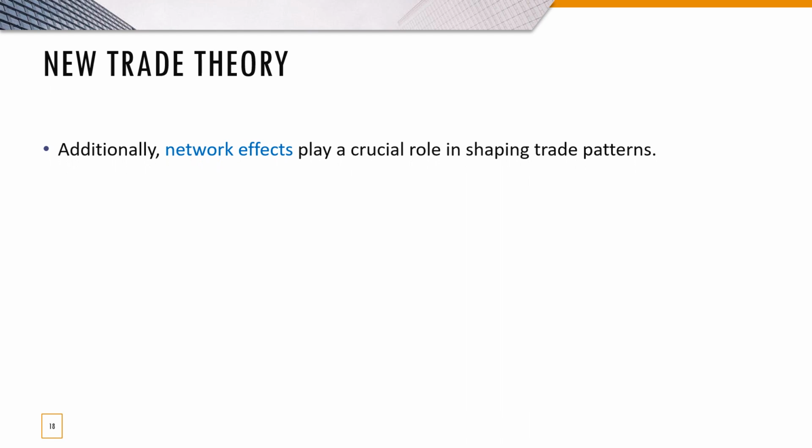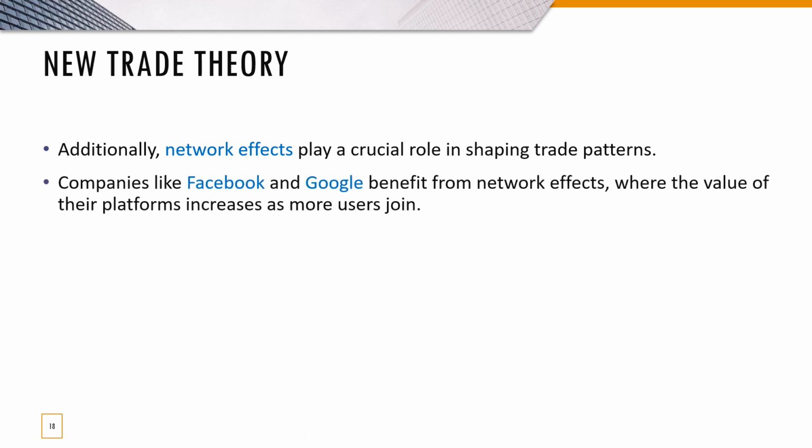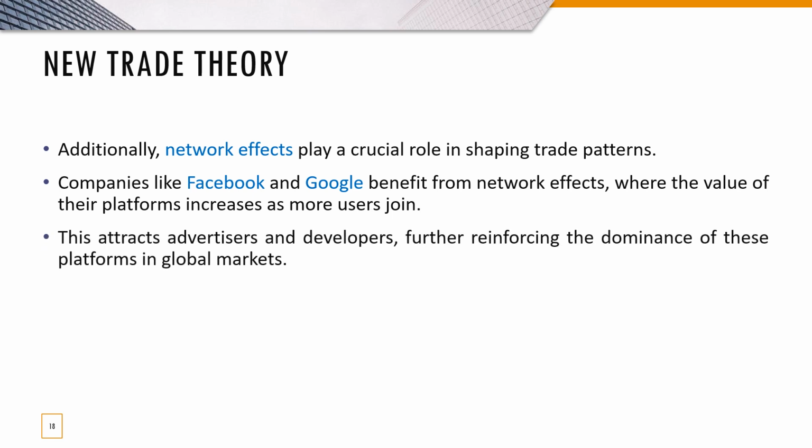Additionally, network effects play a crucial role in shaping trade patterns. Companies like Facebook and Google benefit from network effects, where the value of their platforms increases as more users join. This attracts advertisers and developers, further reinforcing the dominance of these platforms in global markets.